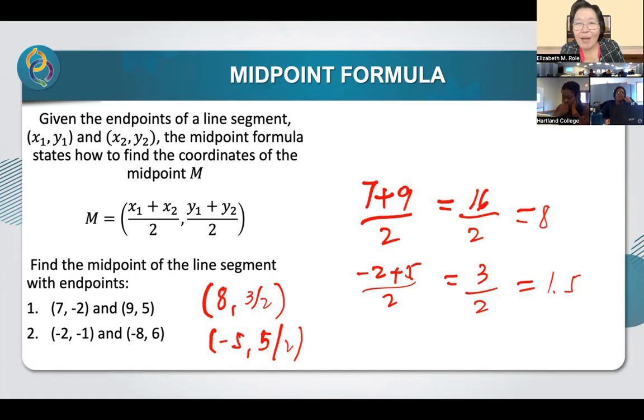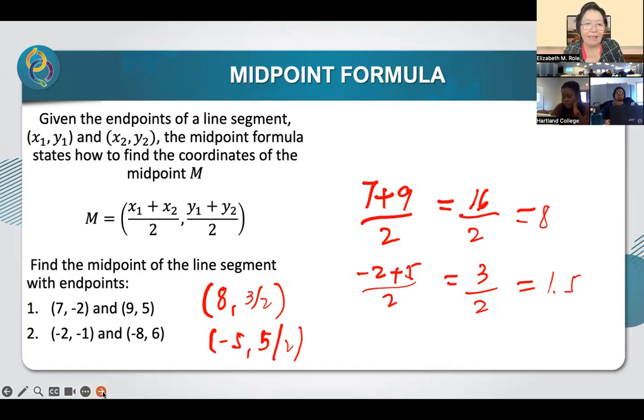So -2 plus -8 is -10, divided by 2 is -5. Then -1 plus 6 is 5, divided by 2 is 2.5. We'll go back to this later on when we have problems that involve looking for midpoints, right?